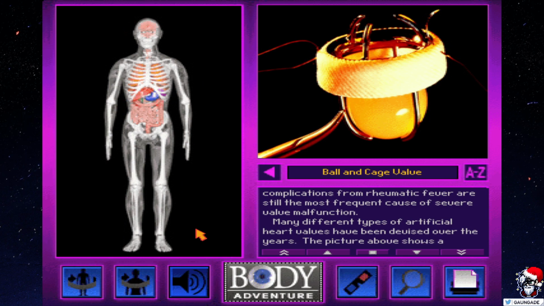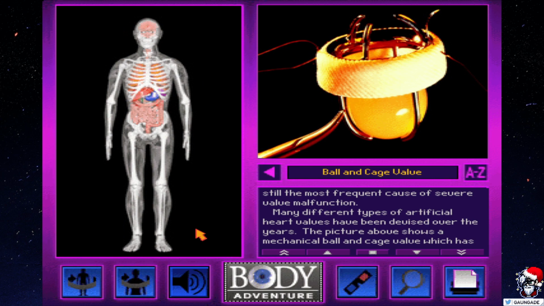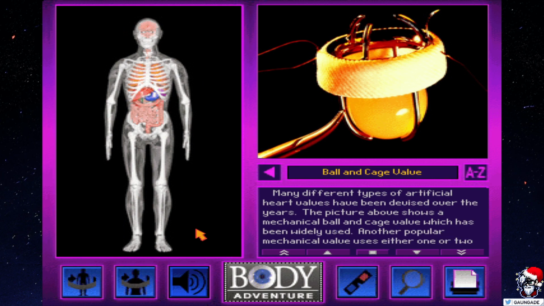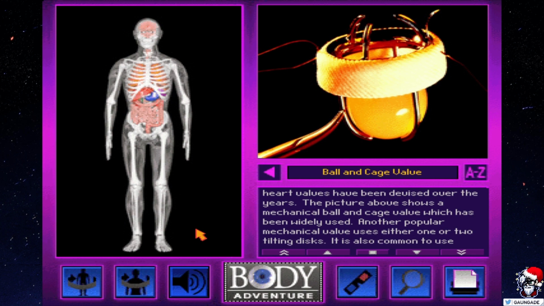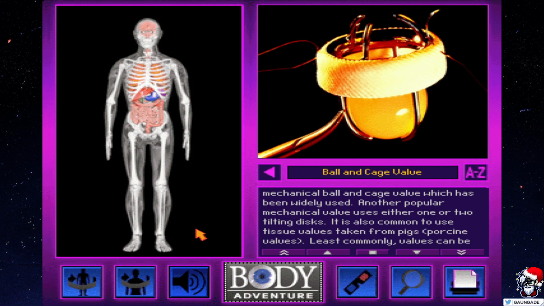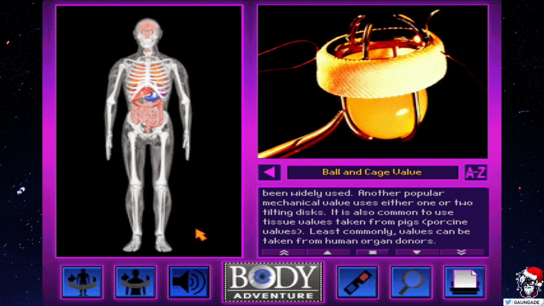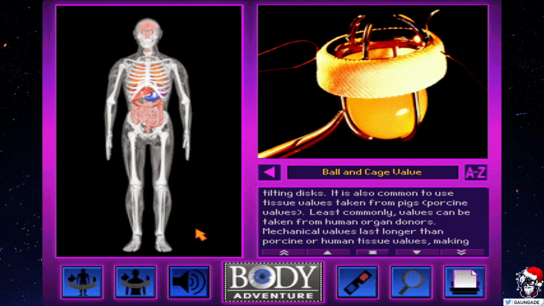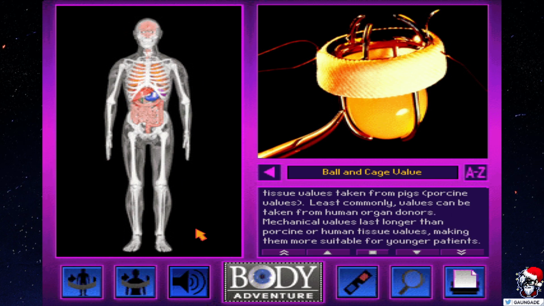Many different types of artificial heart valves have been devised over the years. The picture above shows a mechanical ball and cage valve, which has been widely used. Another popular mechanical valve uses either 1 or 2 tilting discs. It is also common to use tissue valves taken from pigs, porcine valves. Least commonly, valves can be taken from human organ donors.